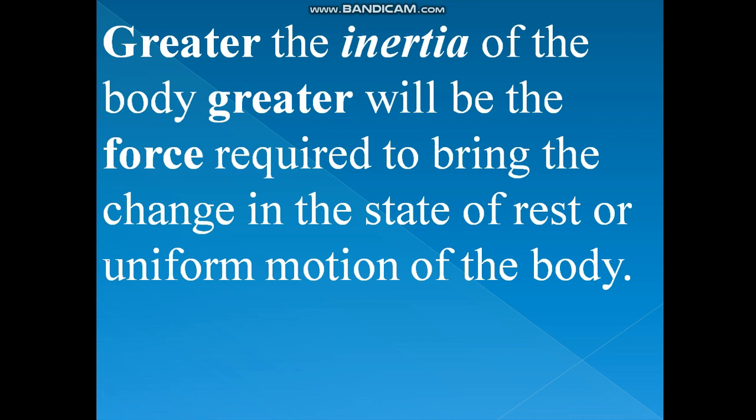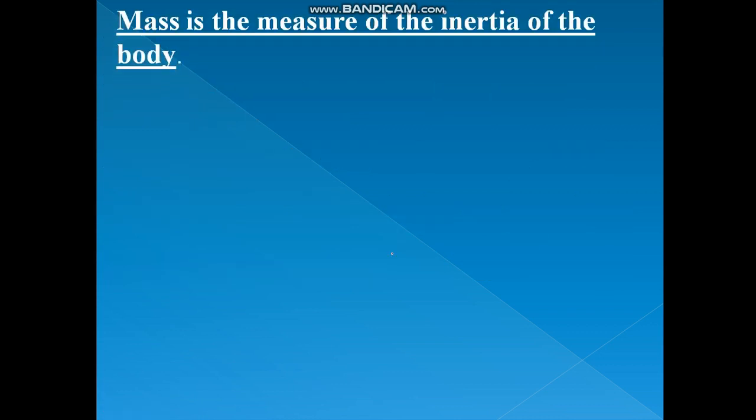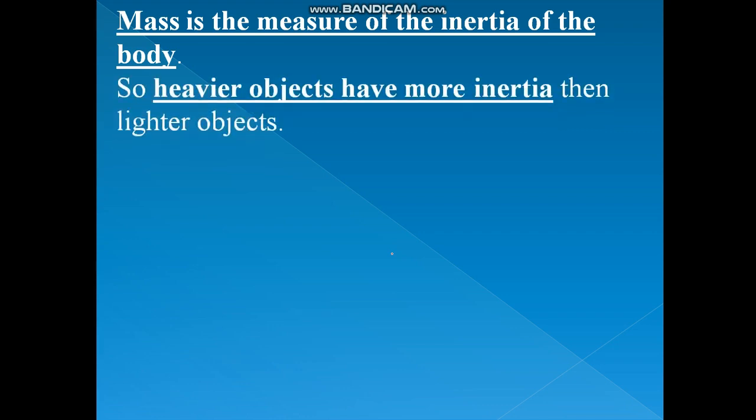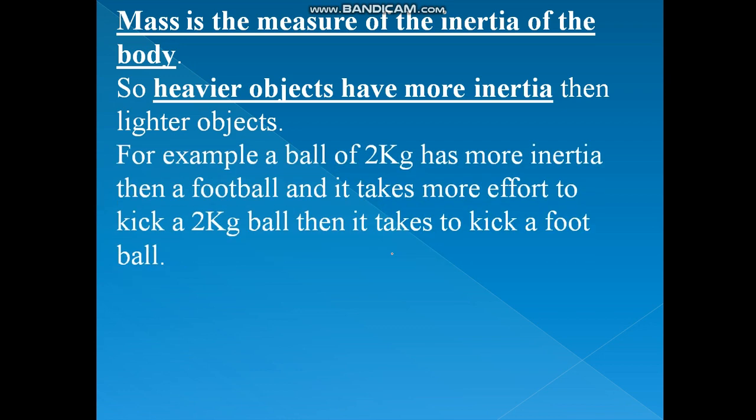Remember, greater the inertia, greater will be the force required to bring a change in the state of rest or of uniform motion of the body. Now, we need to remember that mass is the measure of the inertia of the body. So, heavier objects have more inertia than lighter objects.